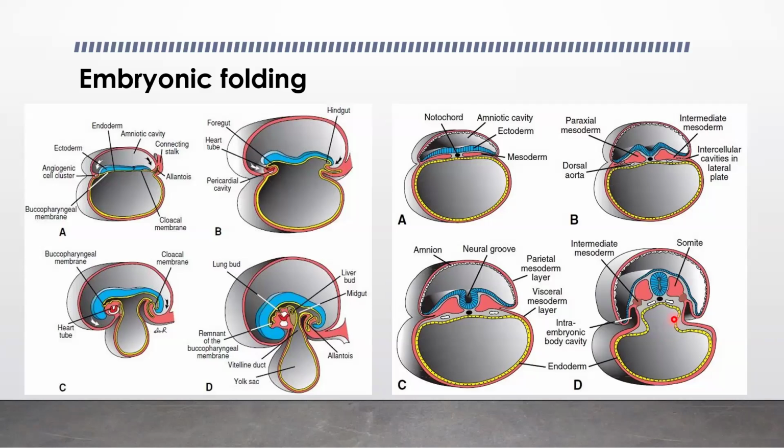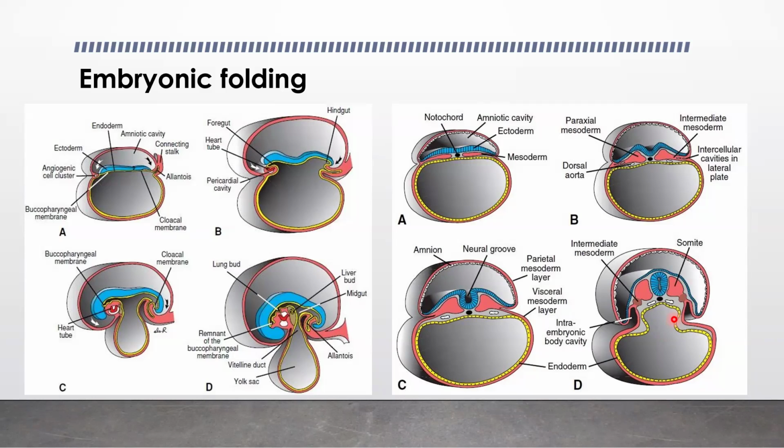And that means the whole of the lining epithelium of the GI, apart from the stomodeum and the outer part of the anus, that is the cloaca, all the rest will have its origin coming from the endoderm.